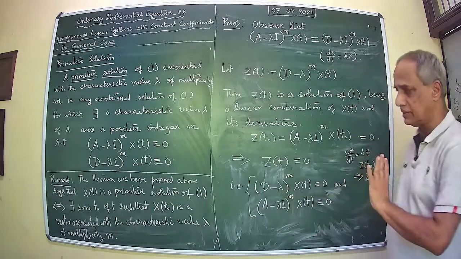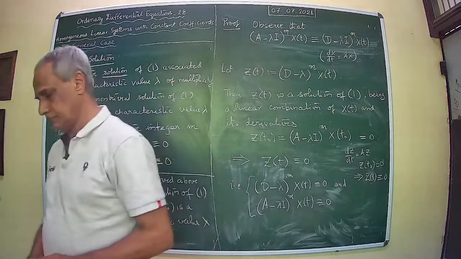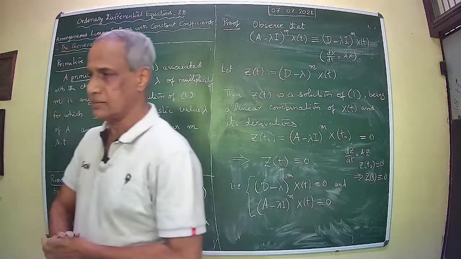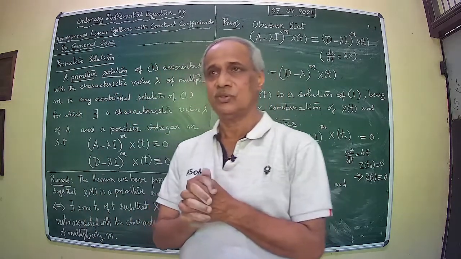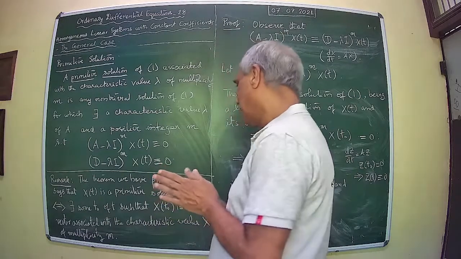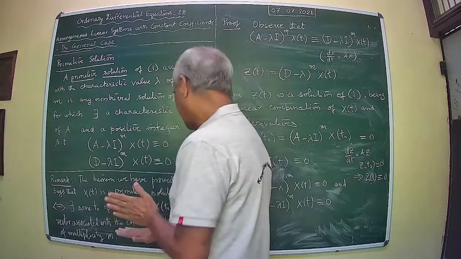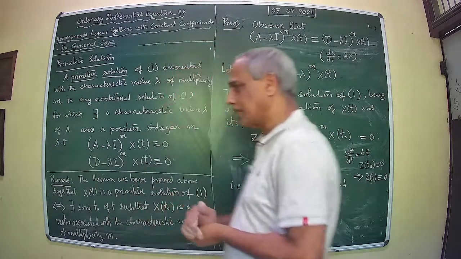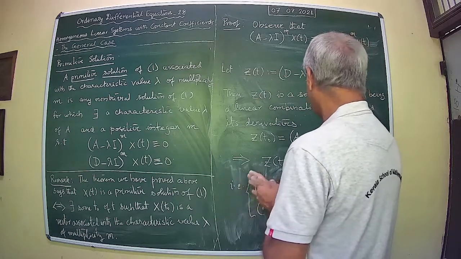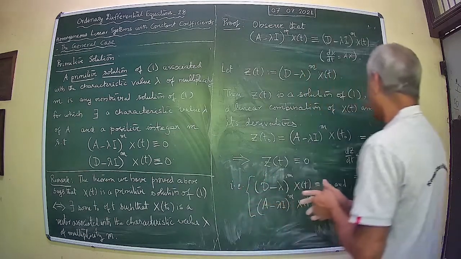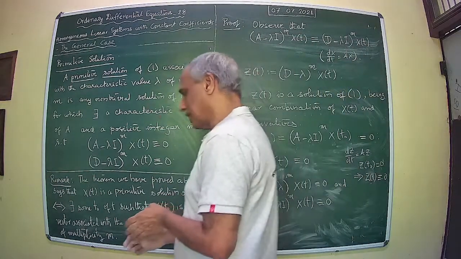So the process is this: lambda is an eigenvalue or a characteristic value of multiplicity m. Then you choose a vector associated with the characteristic value lambda of multiplicity m. That is what a vector of the form (A minus lambda I) to the power m x(t naught) equal to 0. Okay.